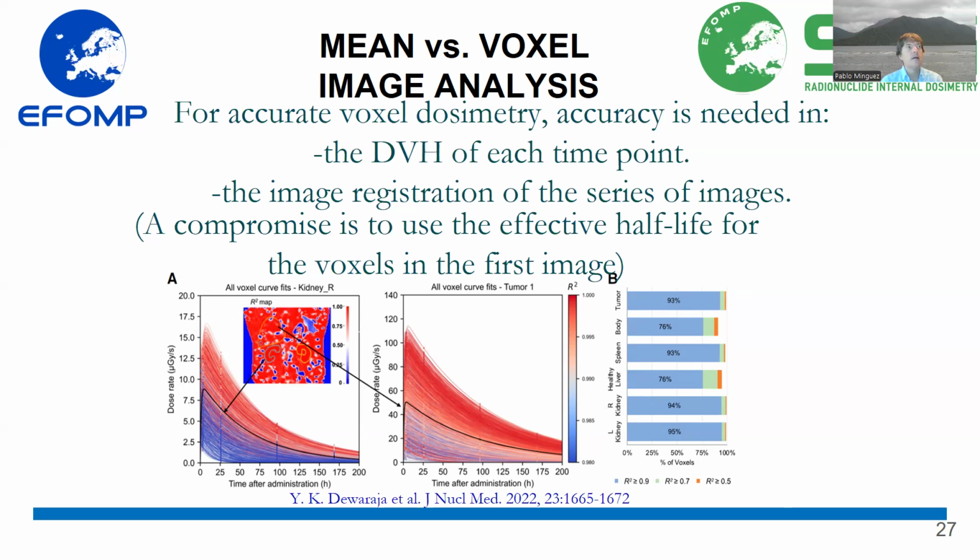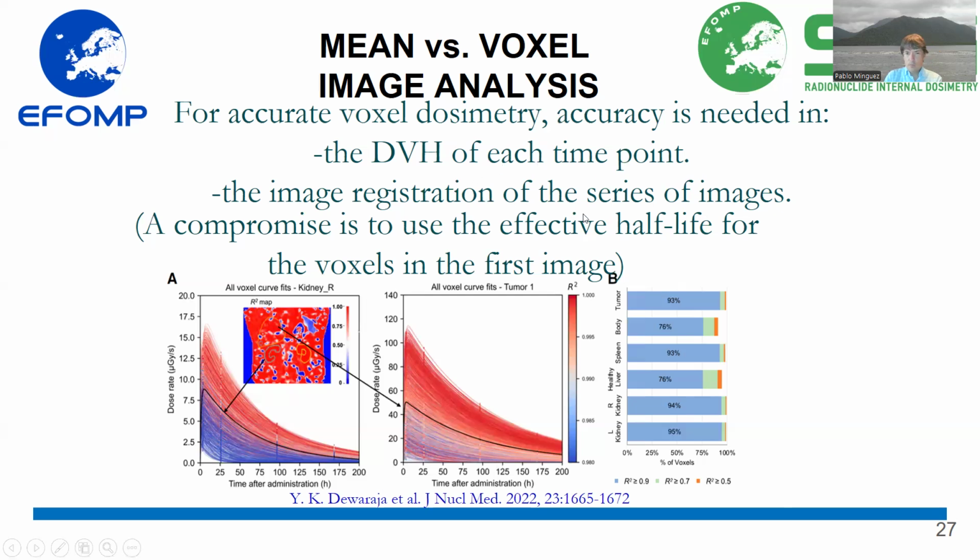We can obtain the histograms for the activity for each of the images, but then we have to obtain the absorbed dose. And if we want to obtain the dose volume histograms, we need to calculate effective half-lives for each of the voxels. And if the image registration is not quite good, we could even obtain negative effective half-lives.